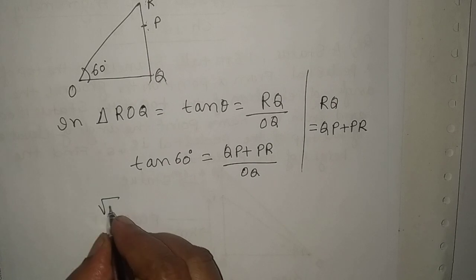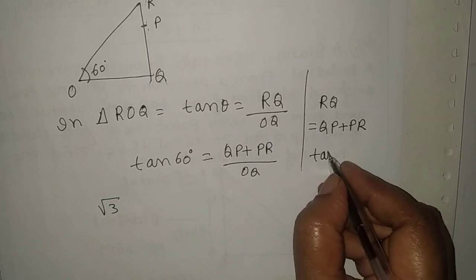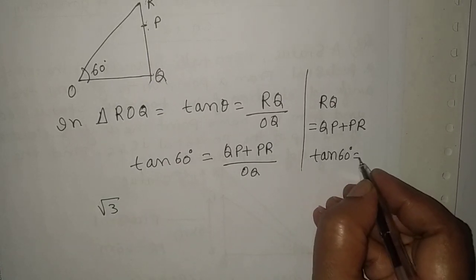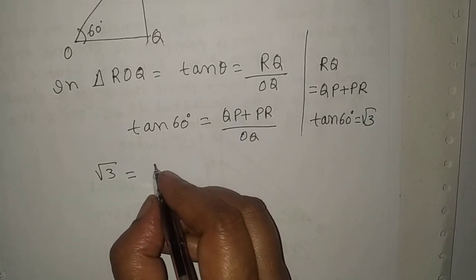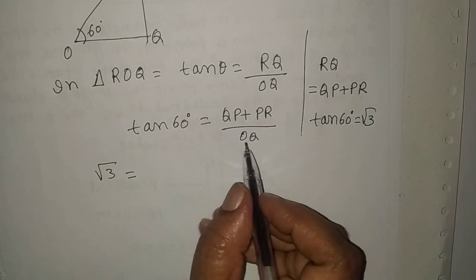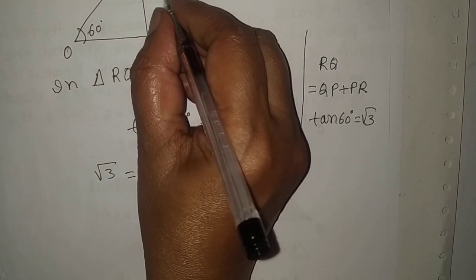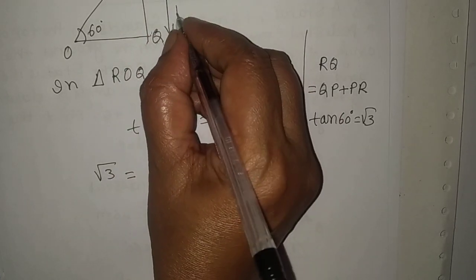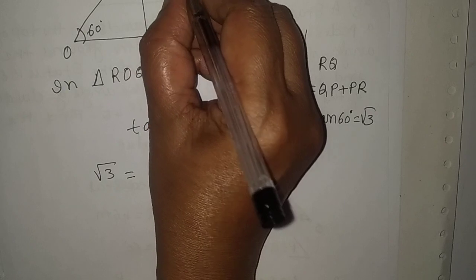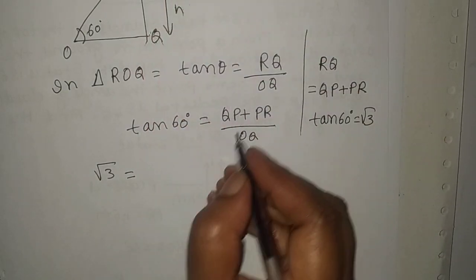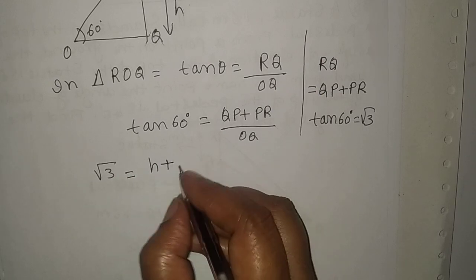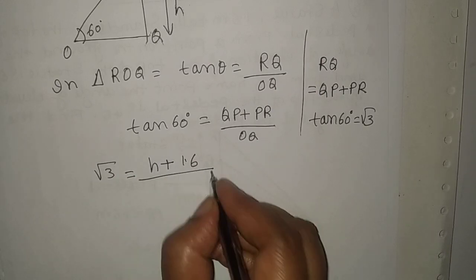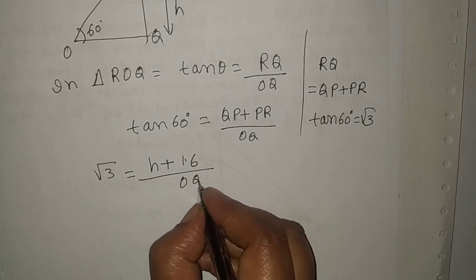Therefore, what is tan 60? Tan 60 is equal to root 3. So root 3 is equal to QP plus PR by OQ. We have to substitute. QP was given as H and PR is 1.6. Therefore, root 3 equals H plus 1.6 by OQ.